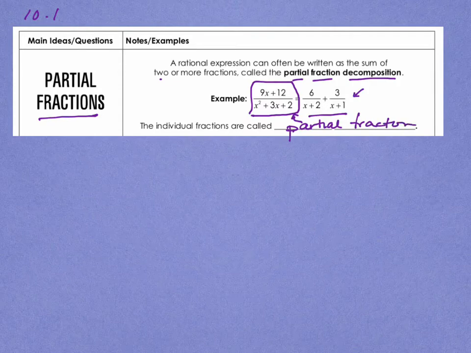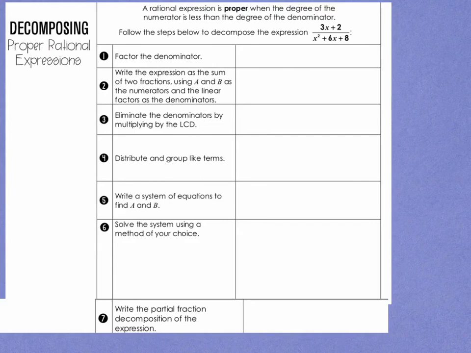So the individual fractions are called partial fractions. Okay, the next slide tells you the method. We have this rational function and we want to split it into partial fractions. The first thing you do is factor the denominator. This doesn't work if you can't factor the denominator, and there's a difference between you can't and it doesn't.